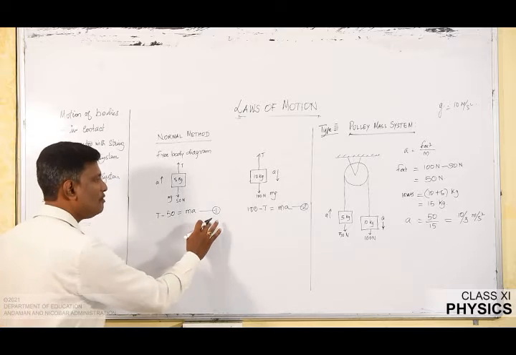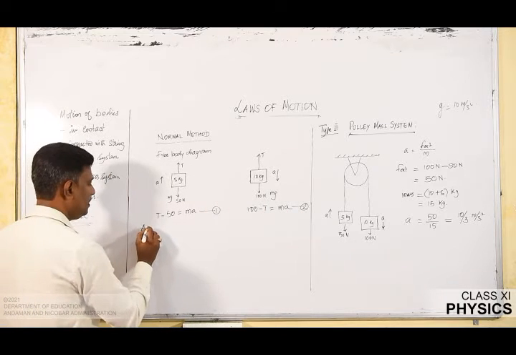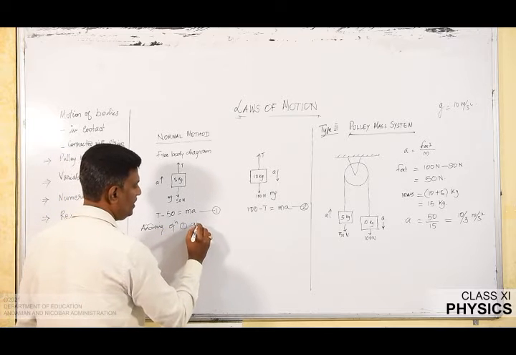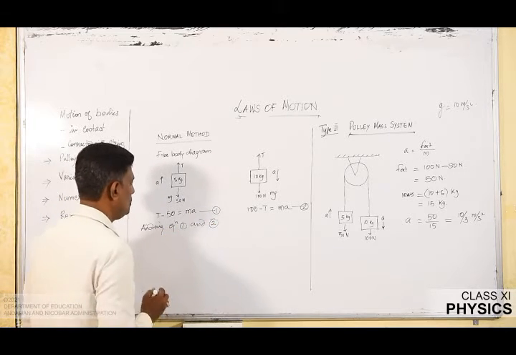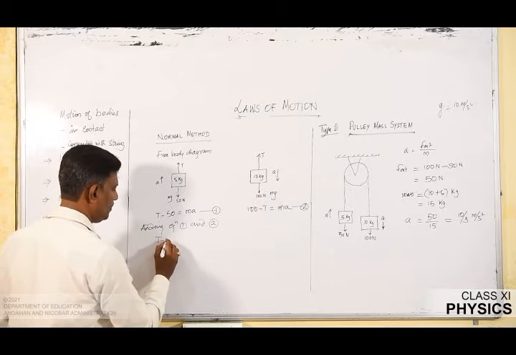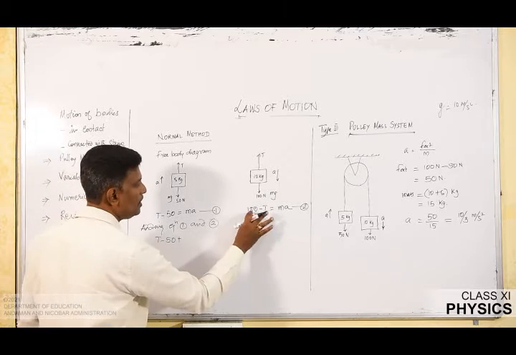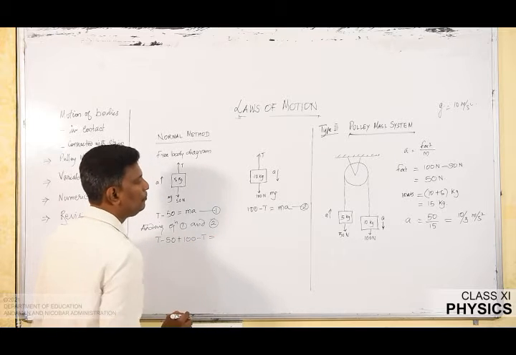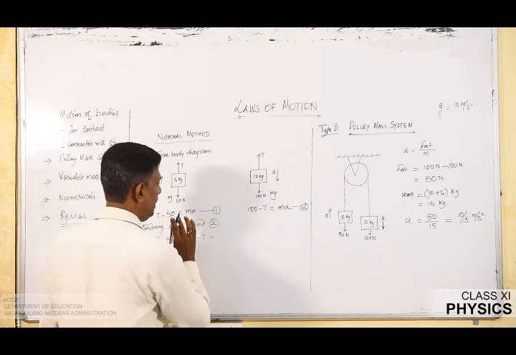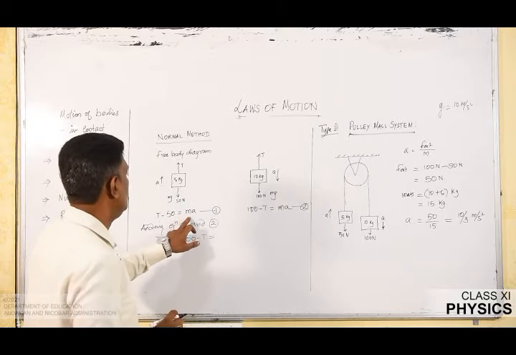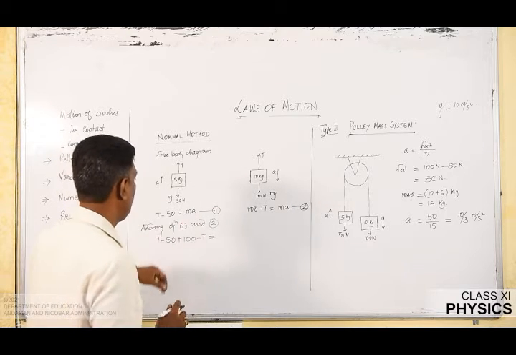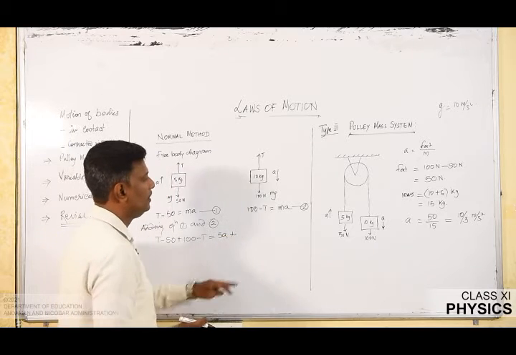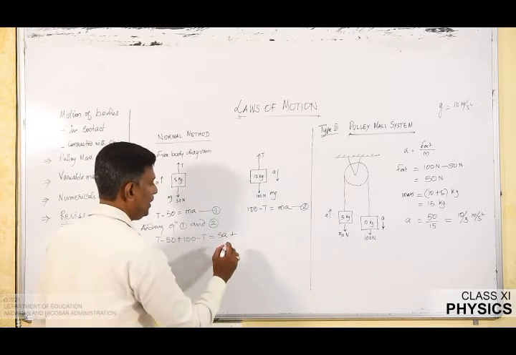Now adding equation 1 and 2. So T minus 50 plus 100 minus T is equal to ma, that is mass 5 kg, 5a plus here it is 10 kg, so 10a.